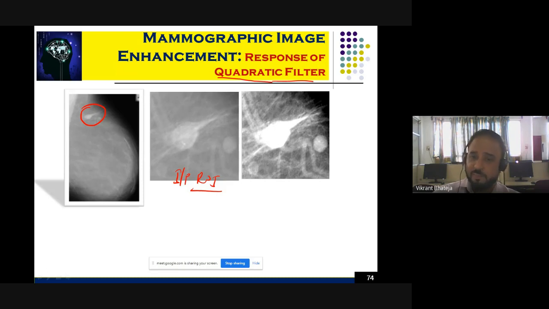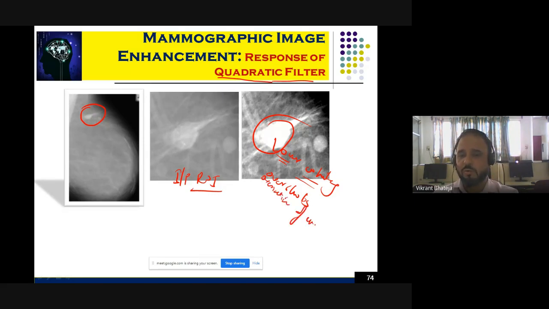You can see that the brightness is increased and the contrast is improved, but we also notice one thing, that there is over whitening in this central region. You define it sometimes as overshoots. Sometimes you also call it oversaturation of intensities.